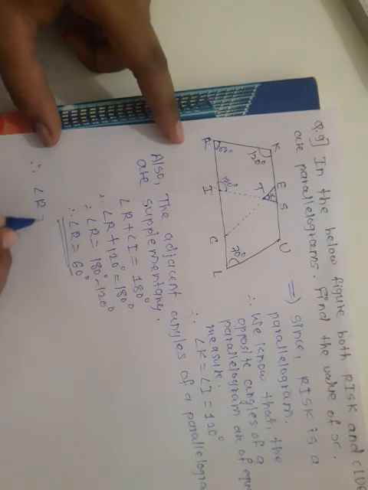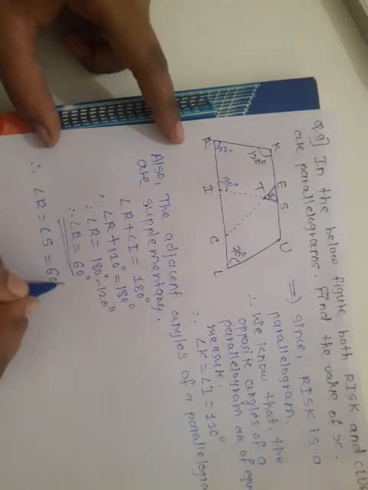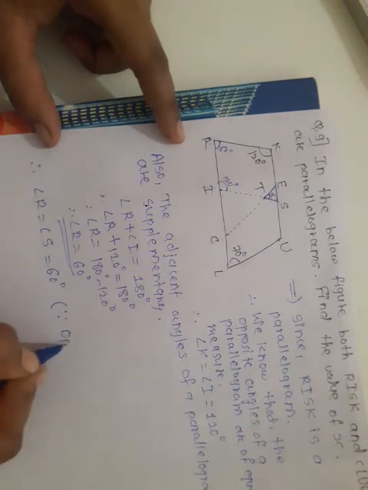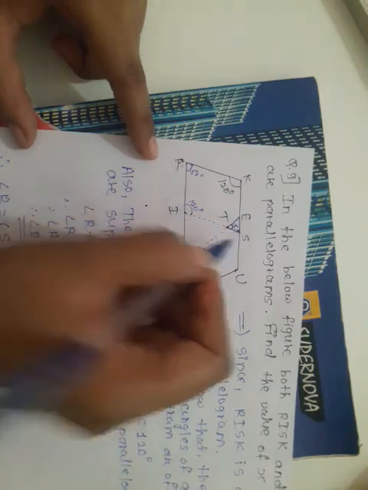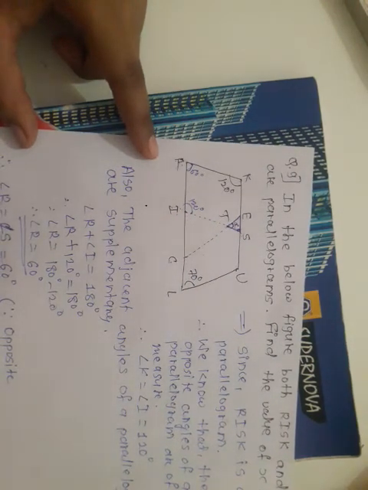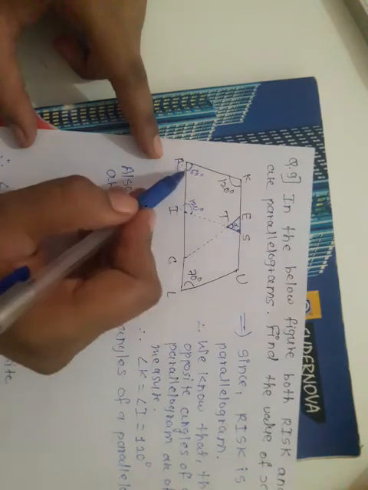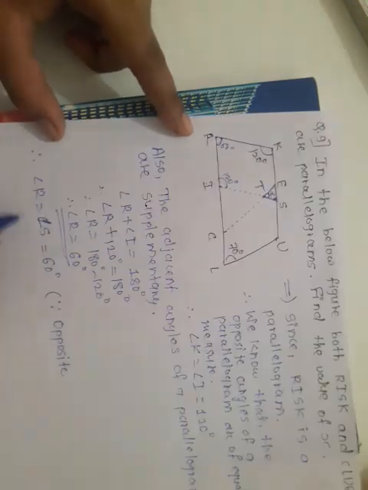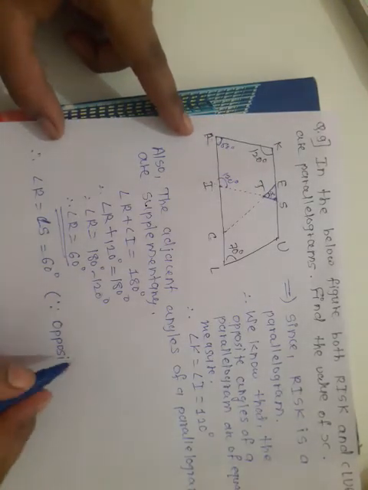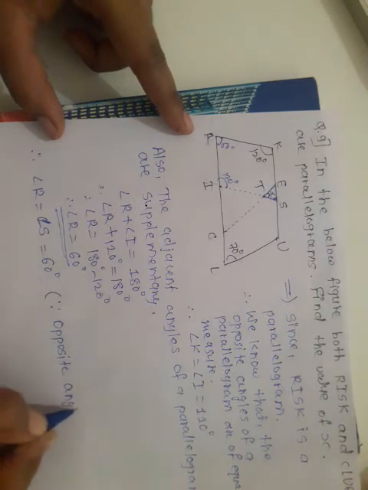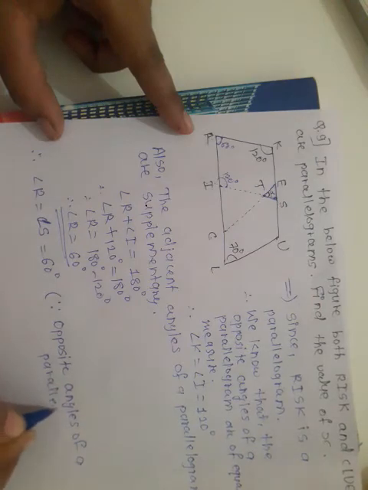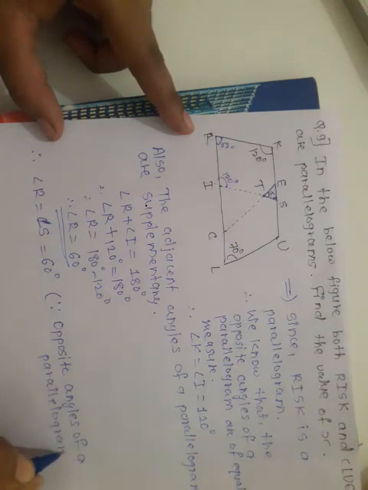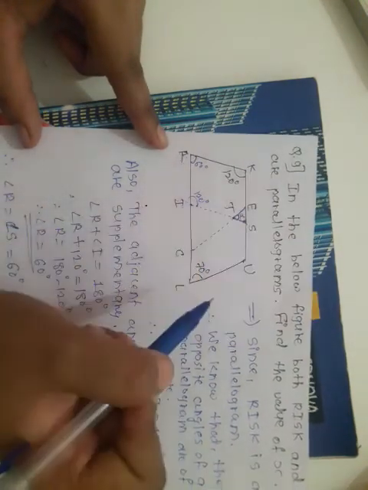Therefore angle R is equal to angle S is equal to 60 degrees, because opposite angles of a parallelogram are equal. Why? Because the opposite angle of angle R is angle S, so angle S is of measure 60 degrees. Means angle S is found. Similarly, find angle E.